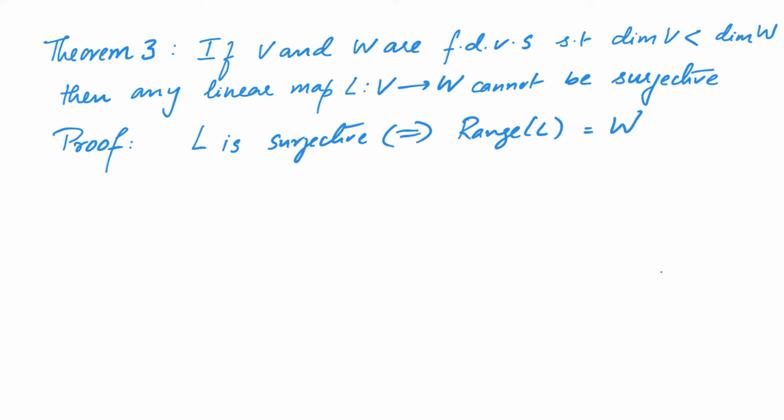So to show that L is not surjective, we have to show that range of L cannot be equal to W. To show this, once again we use the rank nullity theorem.